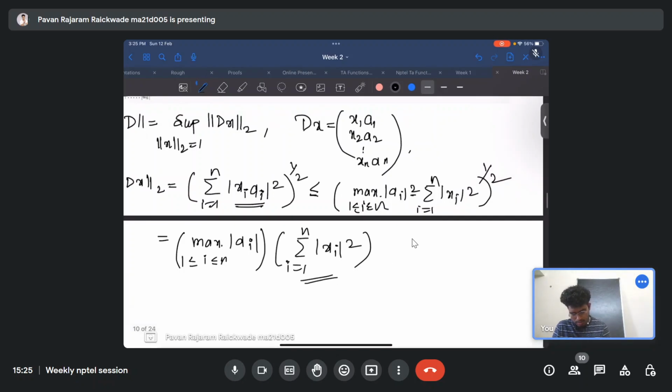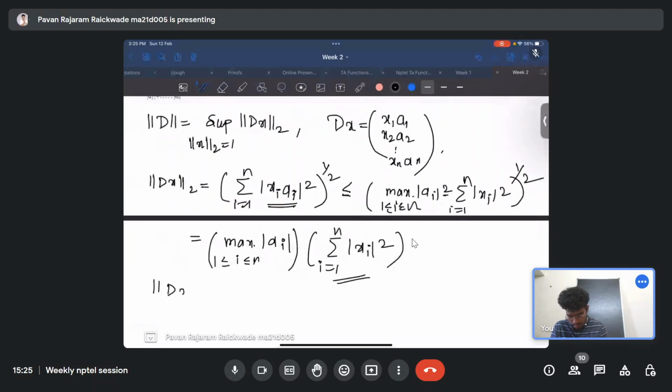So what you have is norm Dx 2 norm is less than or equal to, sorry, the operator norm of D is less than or equal to the maximum of modulus of ai, 1 less equal i less equal n.